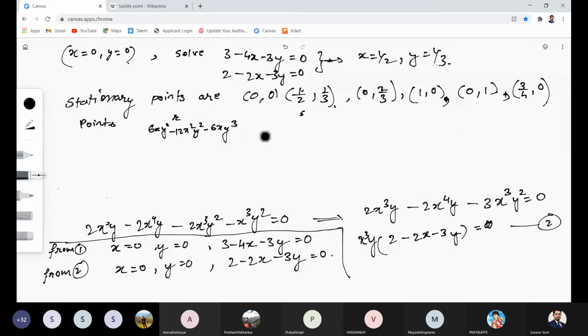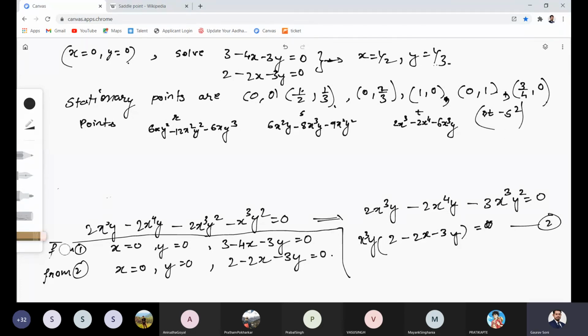S is 6x square y minus 8x cube y minus 9x square y square. T is 2x cube minus 2x raised to 4 minus 6x cube y. What we need to look at is RT minus S square.